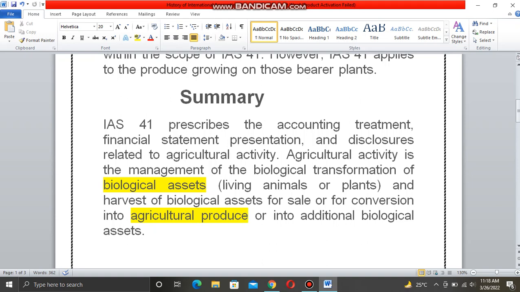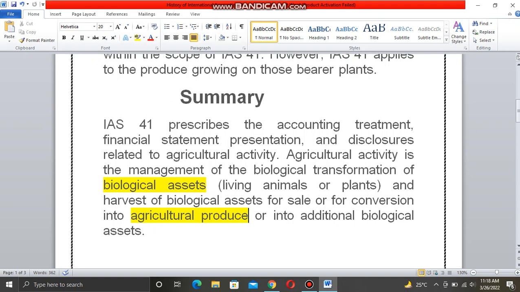Okay, I'm giving you another example. IAS 41 always applies to biological assets, and it applies to agricultural produce only while it is attached to the biological asset.